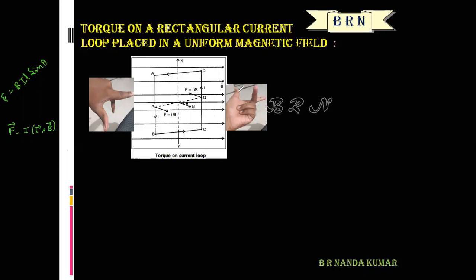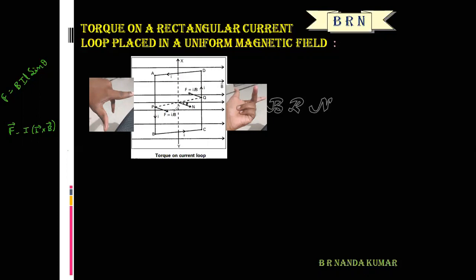So thumb pointing in the direction of force acting on CD. So that is inwards. Okay. So here force acting on AB, that is normally outwards. The force acting on CD, that is normally inwards.